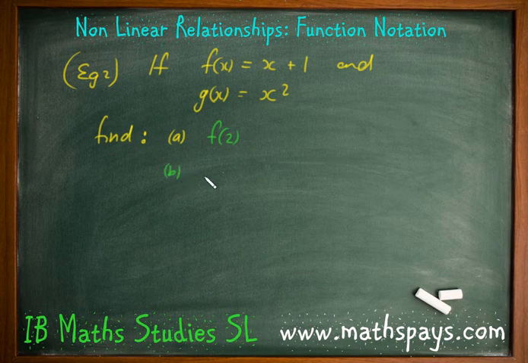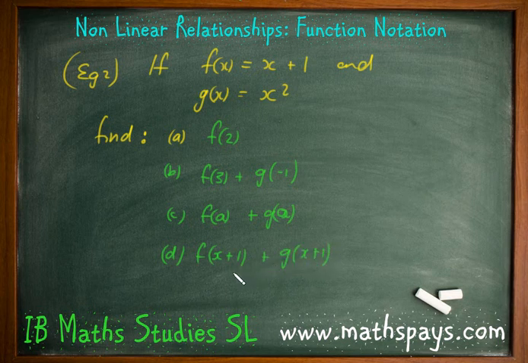For B, f of 3 plus g of negative 1. For C, find f of a plus g of a. And for D, find f of x plus 1 plus g of x plus 1. I'm going from easy to more challenging.